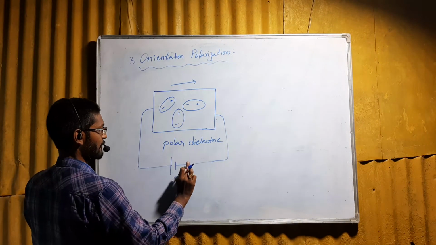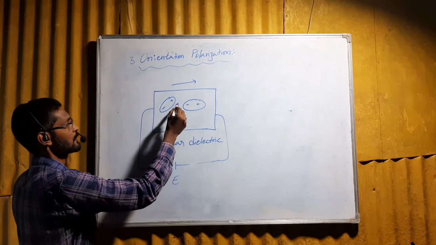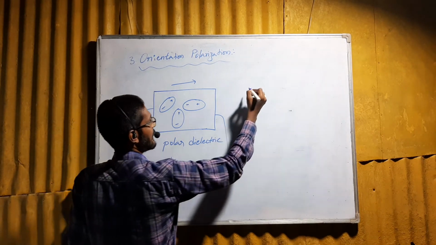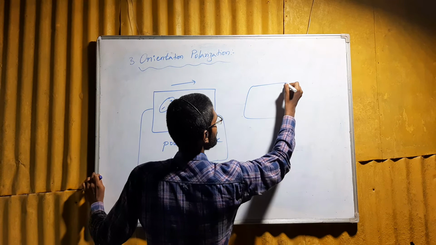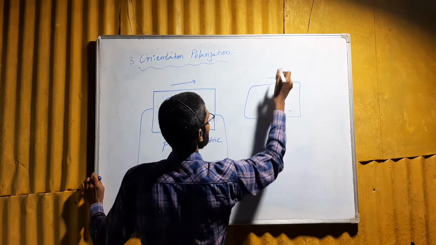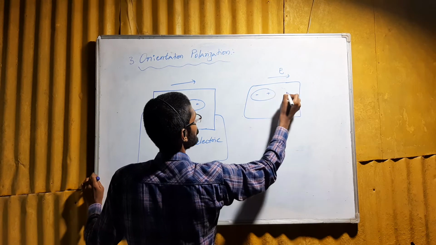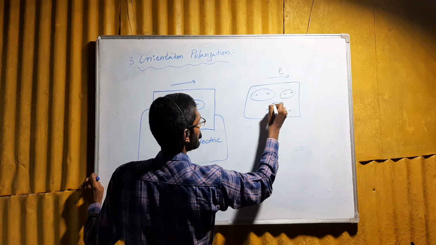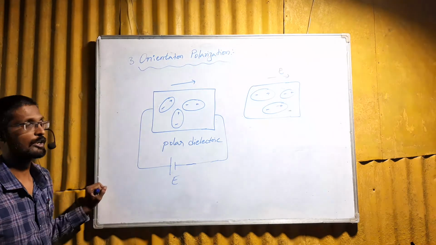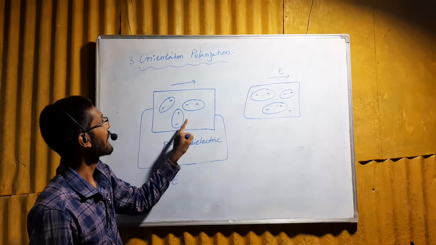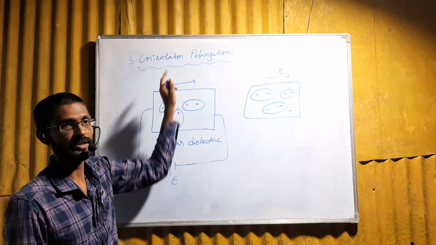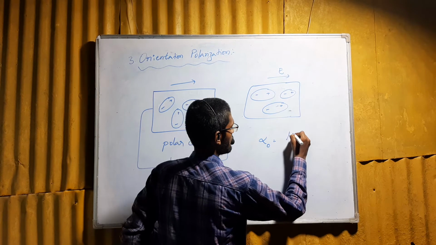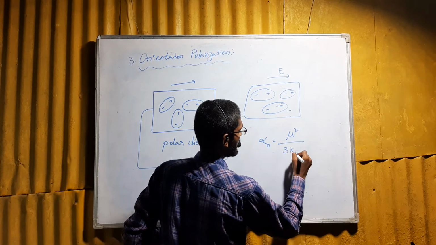In the absence of electric field, the dipoles will be oriented in different directions. On application of the electric field, the dipoles will orient themselves in the direction of the electric field like this. This orientation produced in the dielectric materials is called orientation polarization.